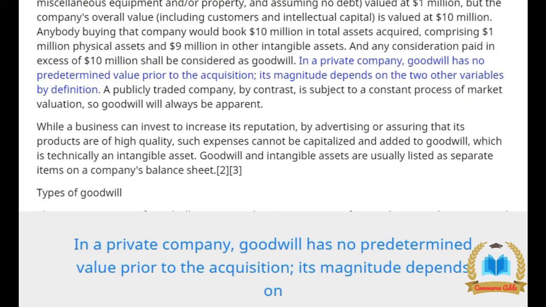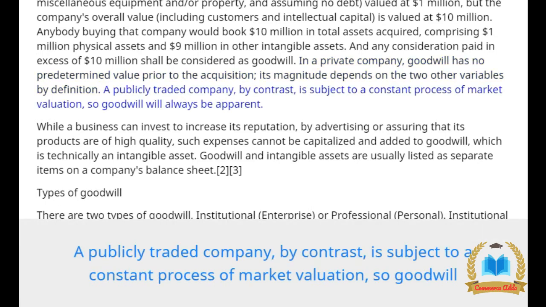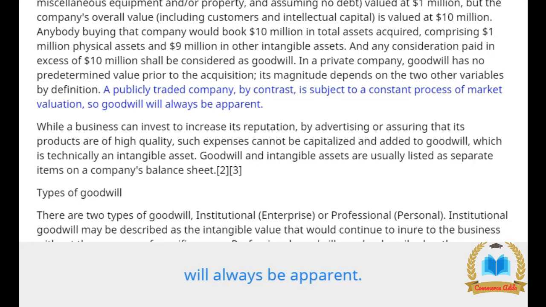In a private company, goodwill has no predetermined value prior to the acquisition; its magnitude depends on the two other variables by definition. A publicly traded company, by contrast, is subject to a constant process of market valuation, so goodwill will always be apparent.